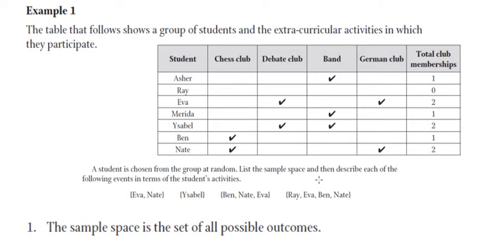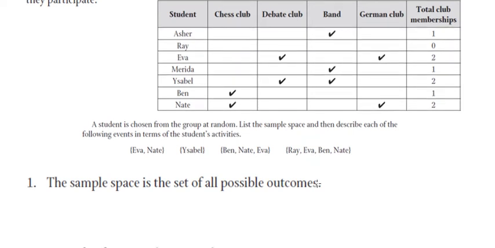So, when we look here, we're going to go ahead and start with just what is the sample space. So, the sample space is the set of all possible outcomes. So, when we are looking at the sample space here, we want to list out all the possible outcomes. So the outcomes are all the different things that could be listed as the result of an event. So all the possible outcomes are all of the possible people.